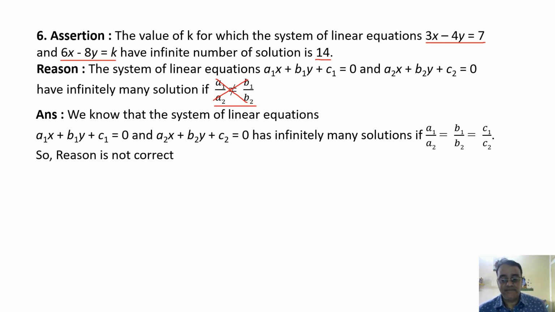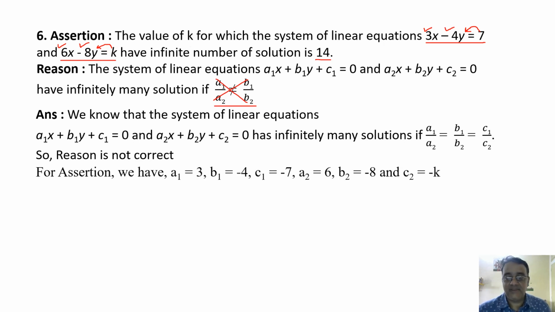It is not correct. And now we have to check for assertion. For assertion, a1 is equals to 3, b1 is equals to minus 4 and c1 is equals to minus 7. यहाँ इसको यहाँ शिफ्ट करेंगे. And a2 is 6, b2 is minus 8 and c2 is minus k. Right? Okay.